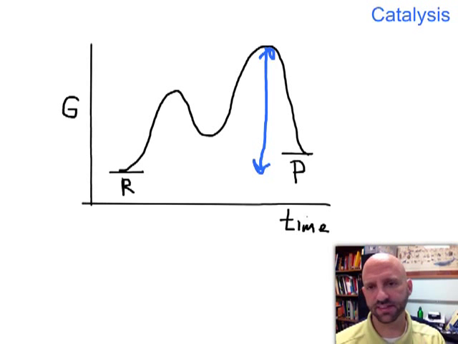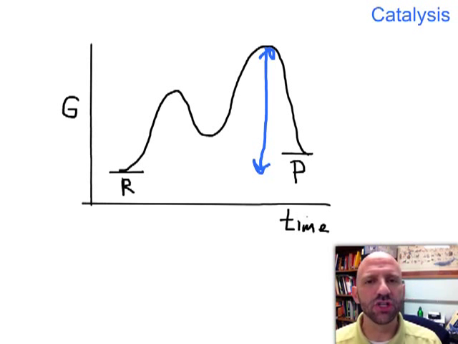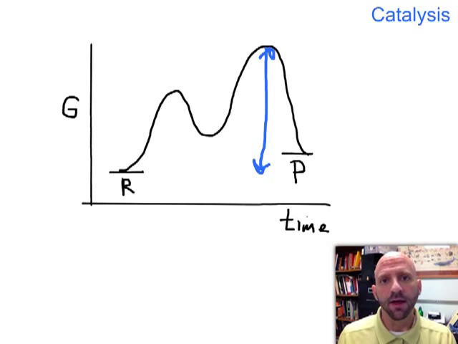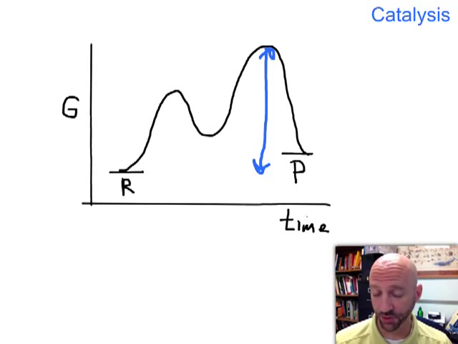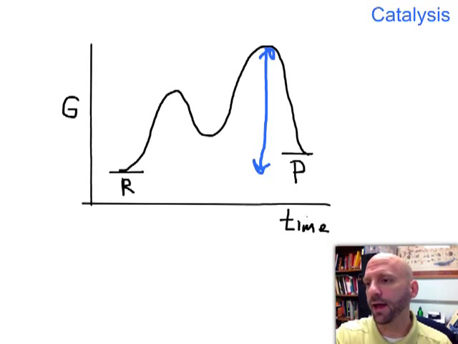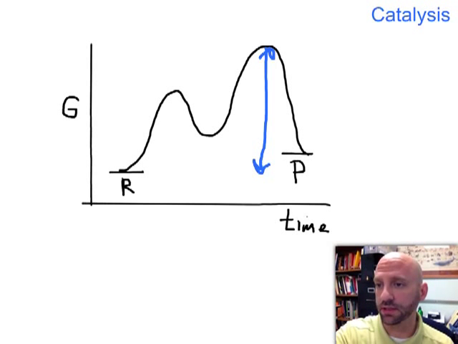So what a catalyst does is it fundamentally changes the reaction in such a way as to lower the activation energy. Now, a catalyst doesn't just simply let the same things happen but faster. What it does is it actually tweaks the mechanism a little bit so that the activation energy will be a little bit lower. So, for example, I might introduce a catalyst in this reaction, and I'm going to go ahead and make the catalyzed reaction green here.